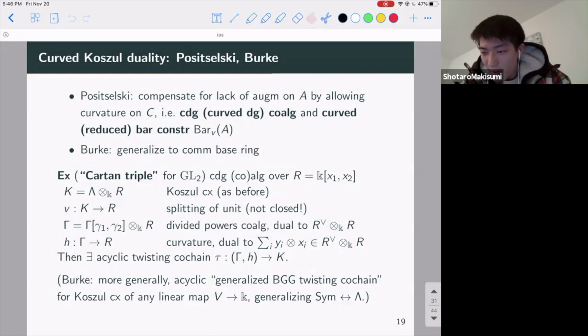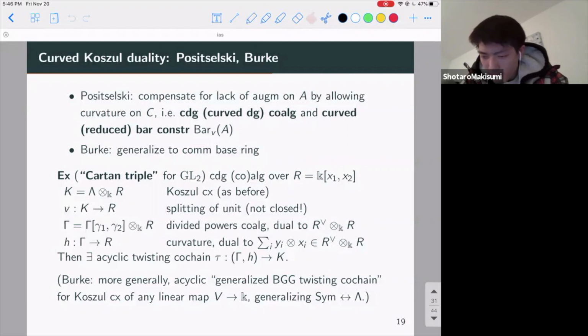In fact, the bar construction itself already has some natural curvature associated to it. And over this curved coalgebra, one should consider curved DG coalgebras and their categories, and you should consider their derived categories, suitably defined, when formulating Koszul duality in this setting.